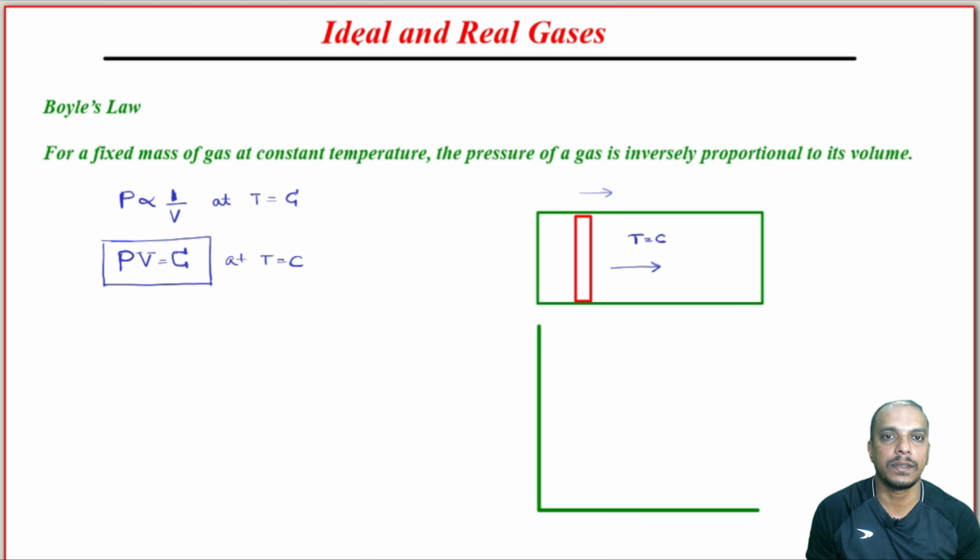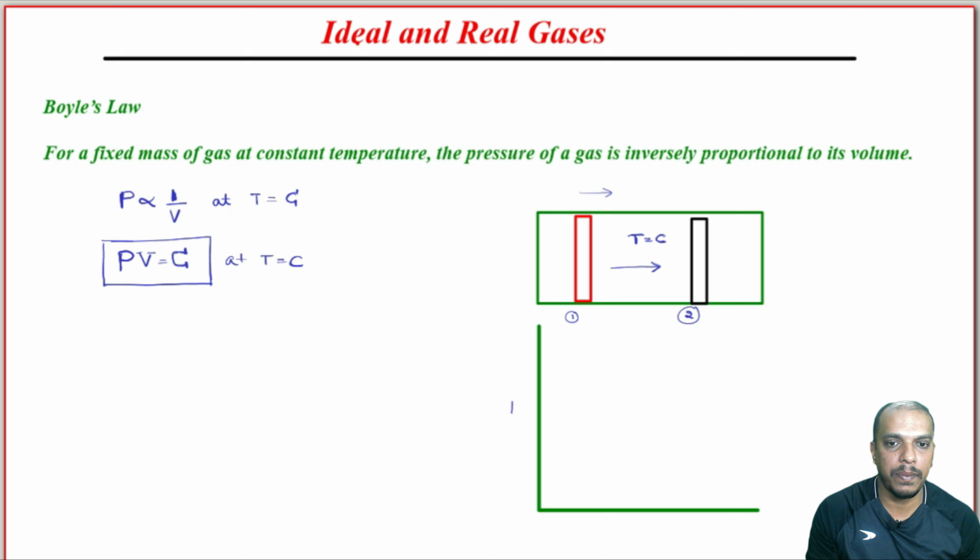Now, how do we write this here? Let us say it is an expansion process, and the piston has moved from state 1 to state 2.